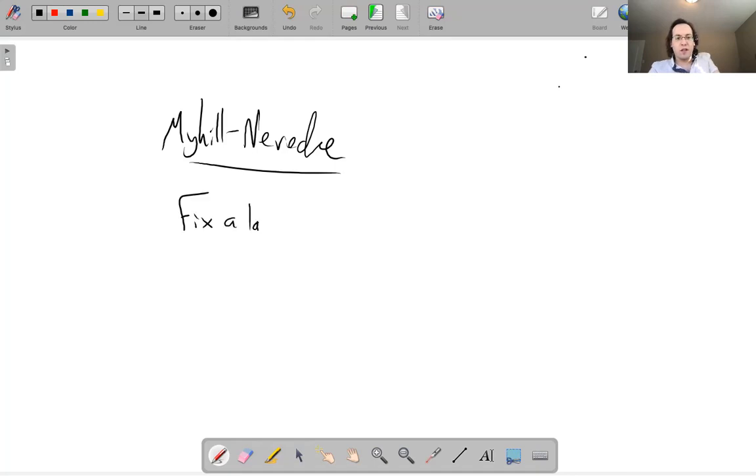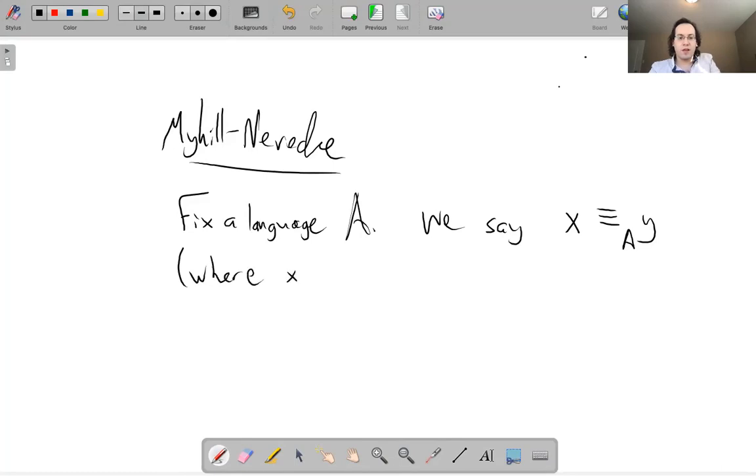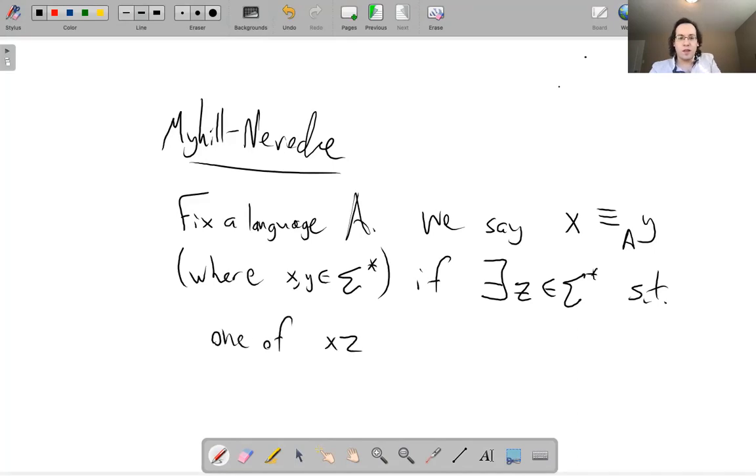Fix a language A. We say that a string X is equivalent under A to Y, or equivalent to Y with respect to A, where X and Y are arbitrary strings, not necessarily strings in A. If there exists a string Z, that's also an arbitrary string, such that one of XZ and YZ is in A, and the other isn't.